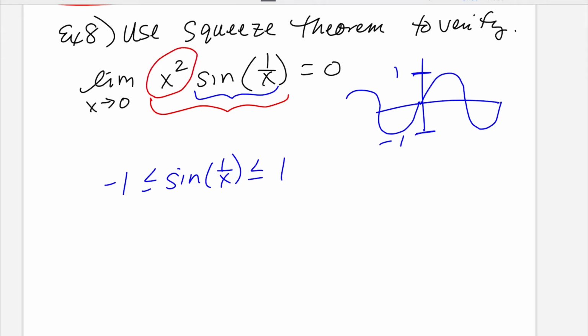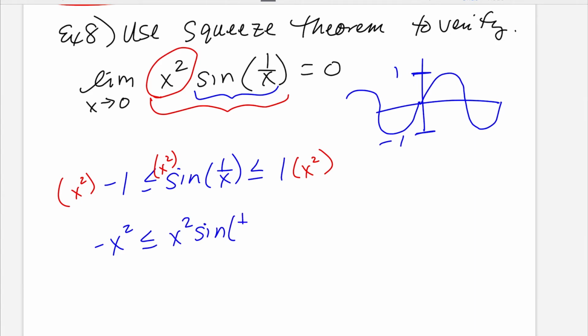So I multiply this by x squared, the inside by x squared, and the back by x squared. I'm building that up. So I have negative x squared is less than or equal to x squared times the sine of 1 over x, which is less than or equal to x squared.